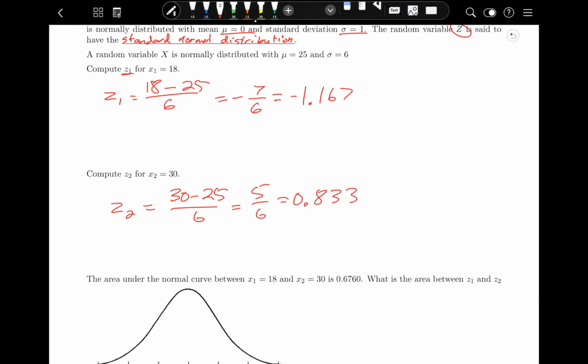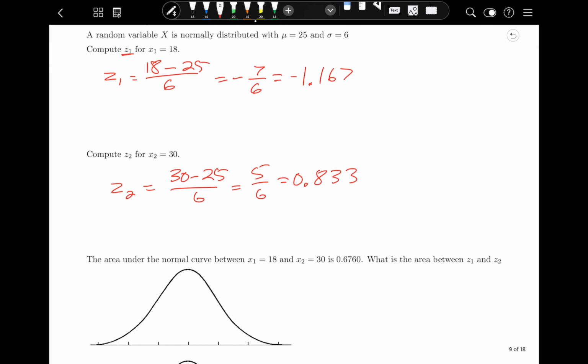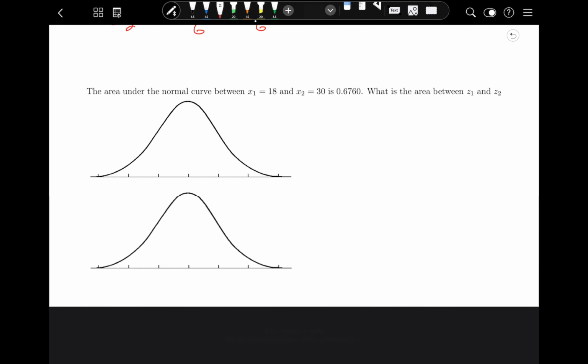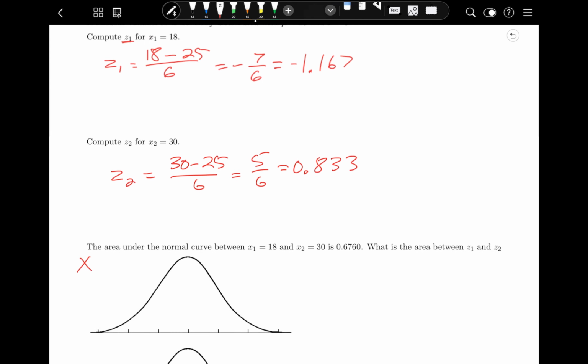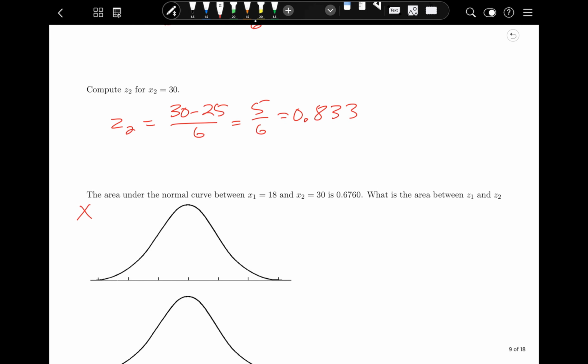And so what we can show here is that between x1 and x2, and between z1 and z2, they would have the same area. If we've got our x curve here on top, our mean was 25 with a standard deviation of 6. So 31 would be right here, then 37, 43. We talked about how to do this in the last section: we just add the standard deviation going to the right and subtract it going to the left.